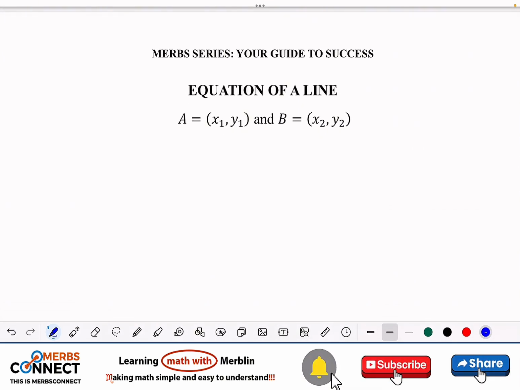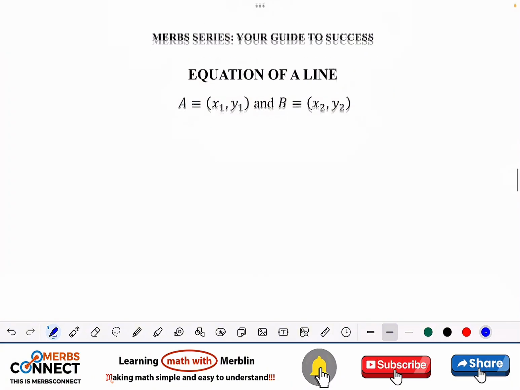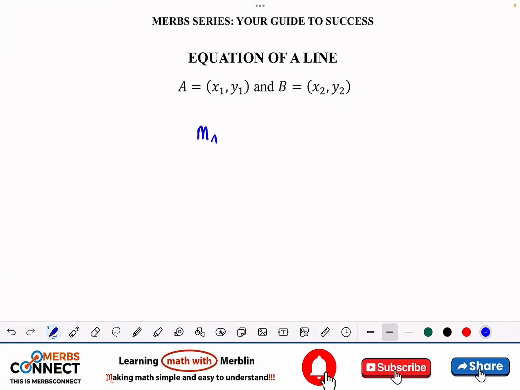So that is another important thing that we need to learn before we move to the equation of a line. One thing about the equation of a line is, let's assume that you get your slope wrong. If you get the slope wrong, then you are going to get the equation of the line wrong, right? So we saw that the slope of AB was equal to y2 minus y1 over x2 minus x1.